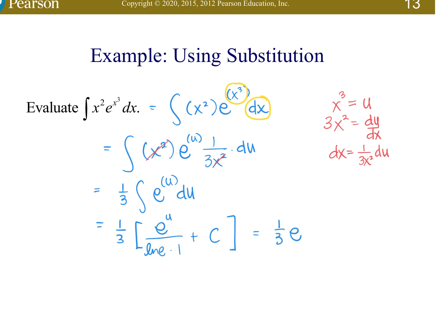So I'll have 1/3 of e to the u by itself plus the constant c. That's the 1/3 distributed into these two terms. So my final answer is 1/3 e to the x cubed plus c.